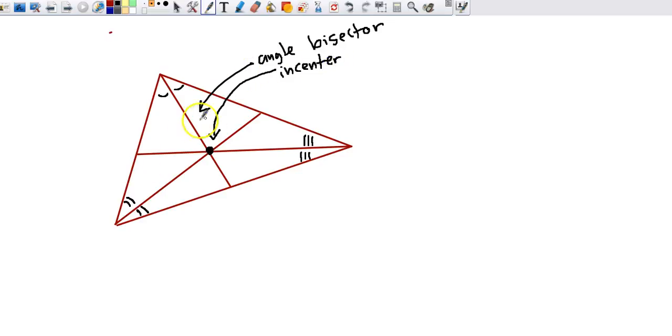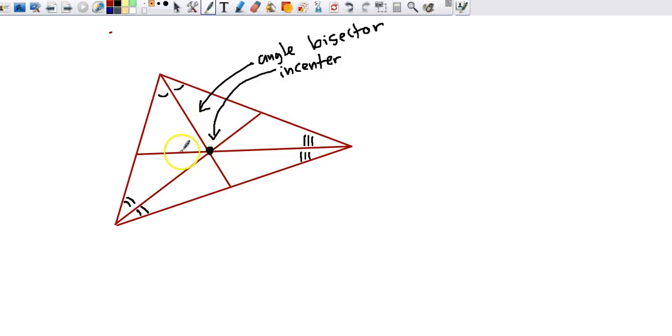Okay. Now, why is it called an incenter? Well, first, to understand what that means, you have to understand a little bit about what an angle bisector does. An angle bisector ends up giving you this segment right here that is the same distance from the sides of the angle. We call that equidistant if you go at a right angle. So if I go straight down to the side at a 90-degree angle, let me do that in blue.